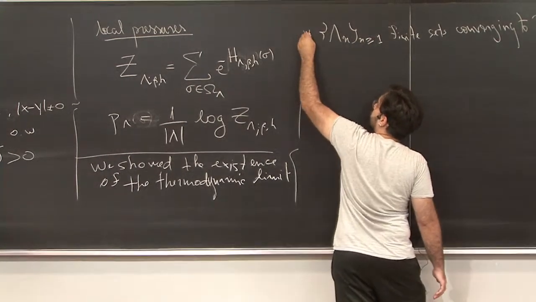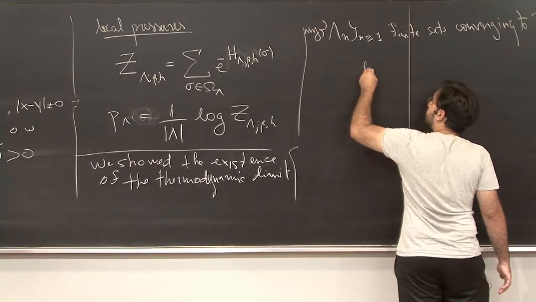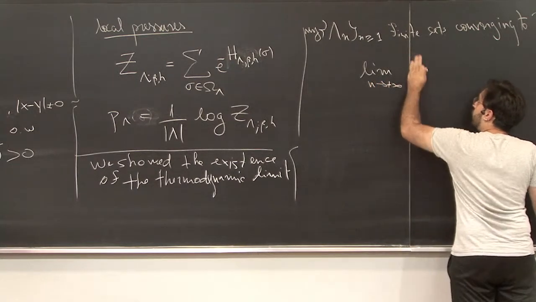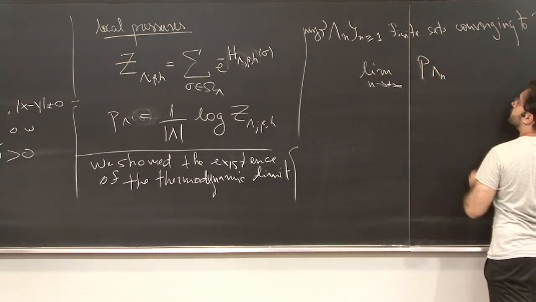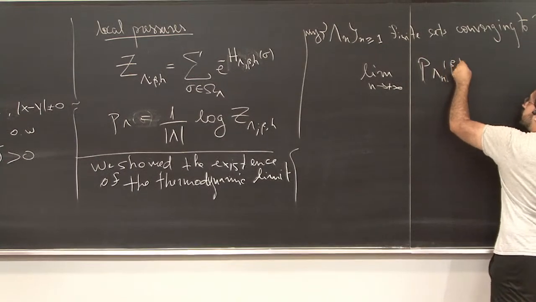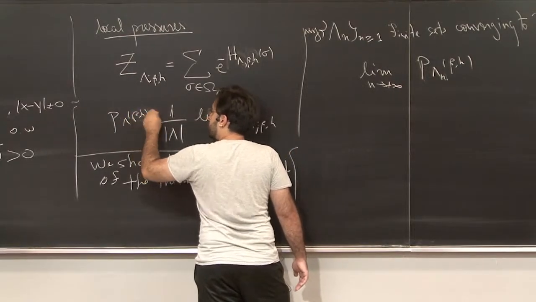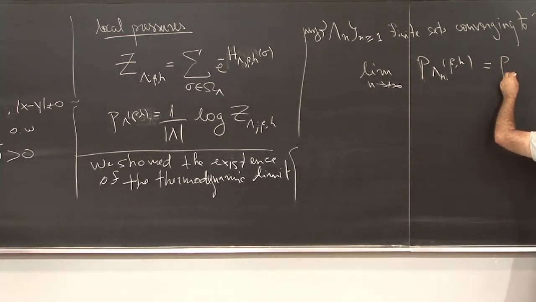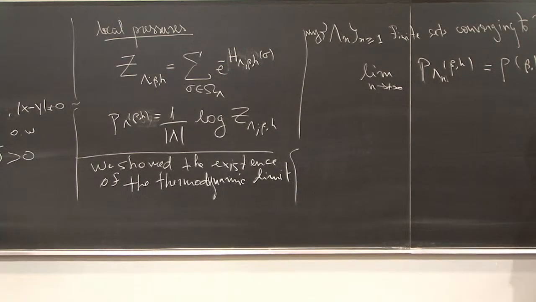for any sequence converging to Z^d, we have that the limit of the local pressures as a function of beta and h, this actually converges, and they all converge to the same number that we call the infinite volume pressure.